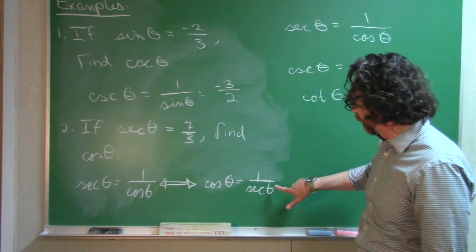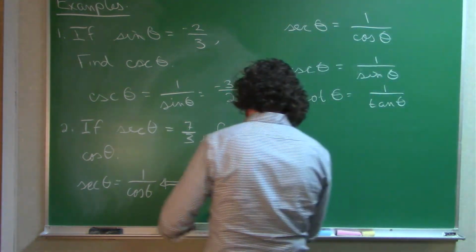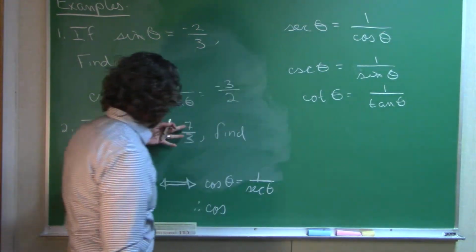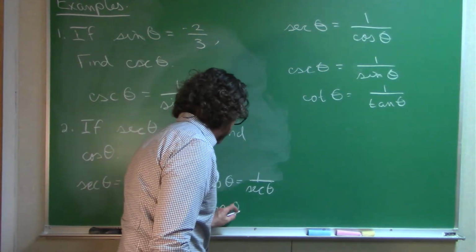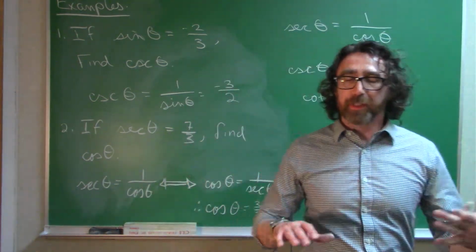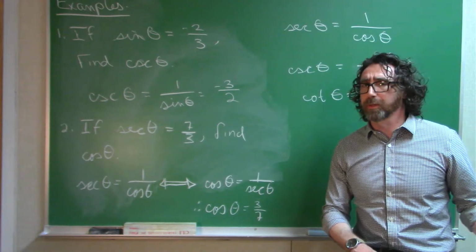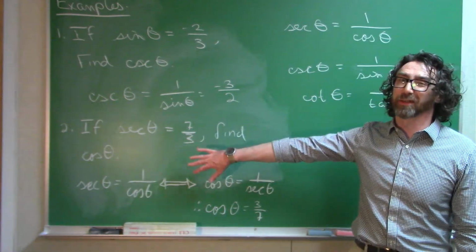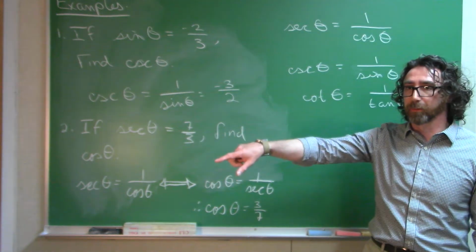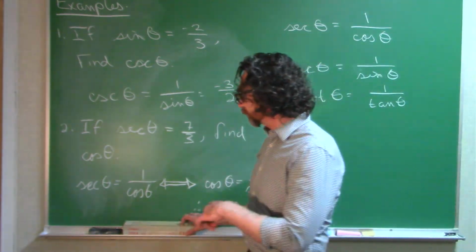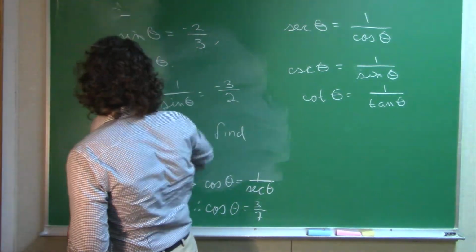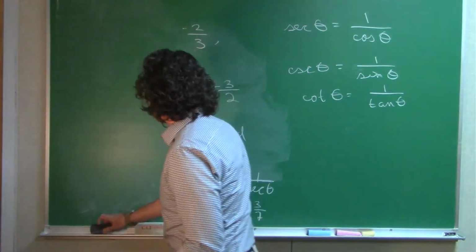So if I take the reciprocal of secant, which would be 3/7, I would get cosine. So it's a very easy idea to apply. Like I mentioned, I had been using this idea without really saying what it was back in the previous couple videos.